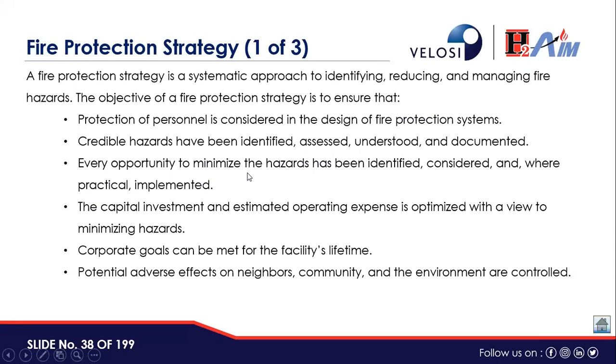Every opportunity to minimize the hazard has been identified, considered, and where practical implemented. Capital investment and estimated operating expenses are optimized with a view to minimize the hazard. Corporate goals can be met for the facility's lifetime. Potential adverse effects on neighbors, community, and the environment are controlled.